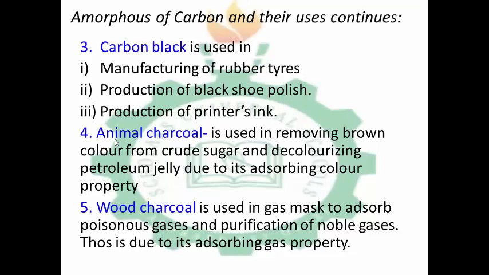If you remember what we call molasses, which is raw sugar, probably got from sugarcane and which could be stained brown. Now, all brownish stains and every other stain in that sugar can be removed by using animal charcoal. It is also used in decolorizing petroleum jelly in cosmetic industries because it has very high absorbing property.